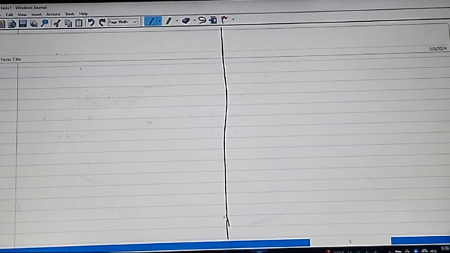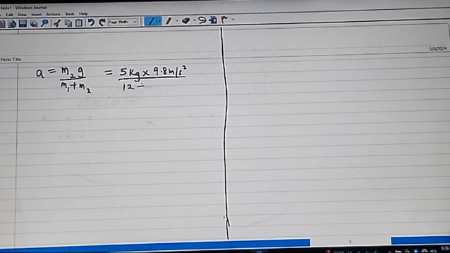Like we got earlier, our A is equal to M2G all over M1 plus M2. What is our M2? It is 5 kg. So we say 5 kg times our g, which is 9.8 meters per second squared, all over 12 plus 5, all in kilograms.